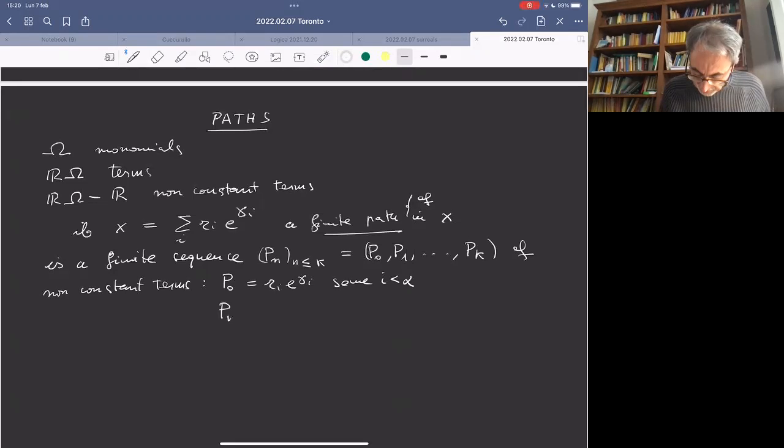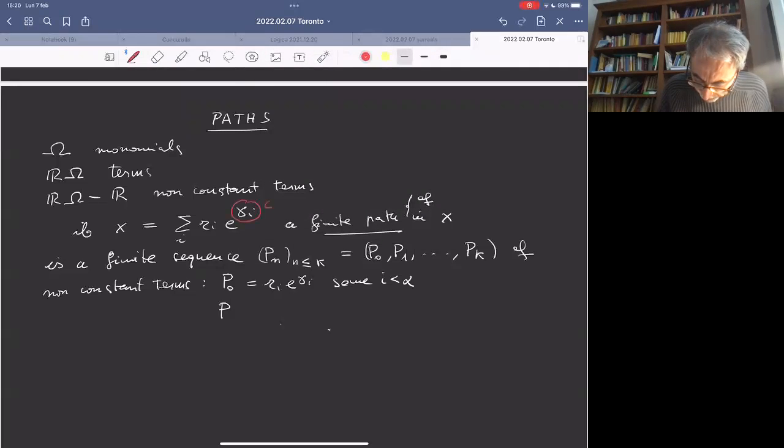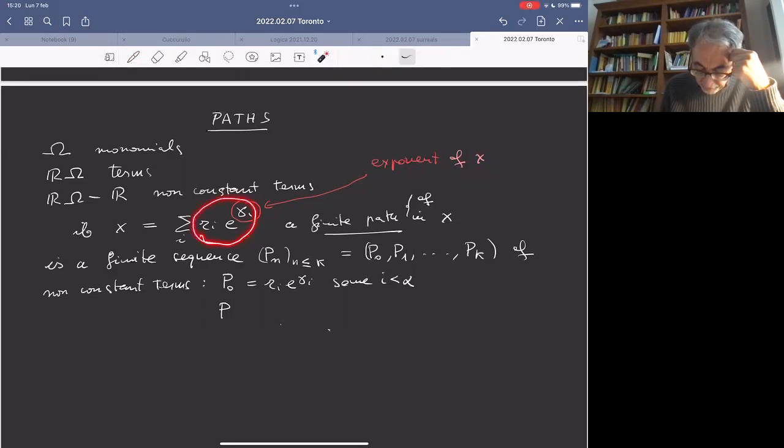So a finite path of a surreal number x is a finite sequence of terms such that the first term, P0, is a term of x, in the sense that it is one of the r_i e to the gamma_i.